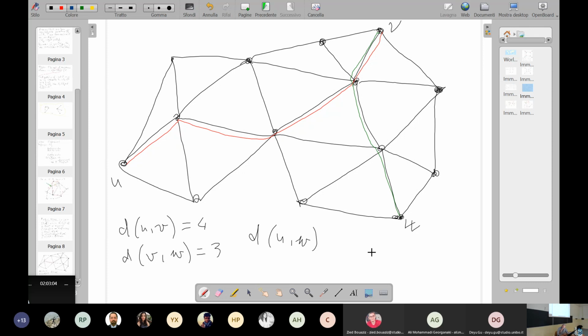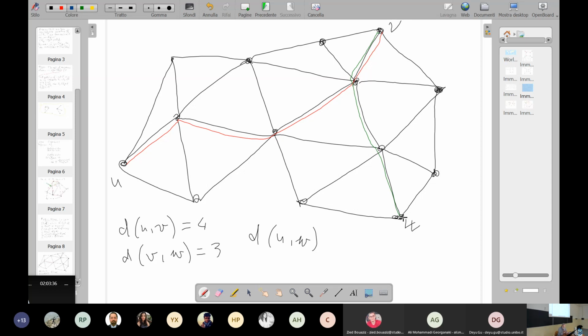We have built this path with 1, 2, 3, 4, 5. Having 5, which is less than 4 plus 3, we are satisfied, because we know that the true distance between U and W will be less than or equal to 5.